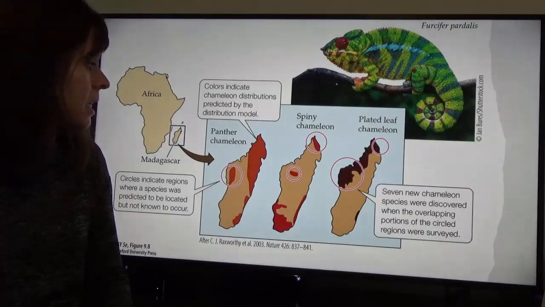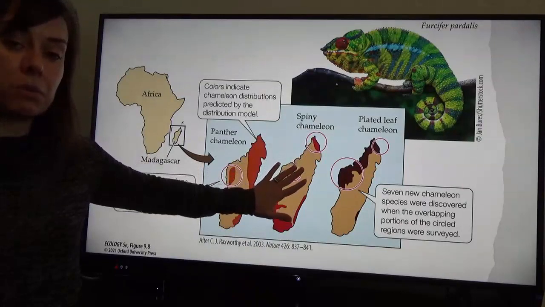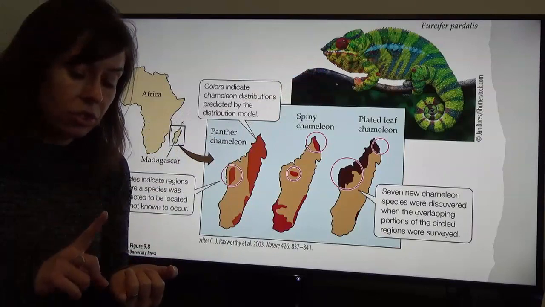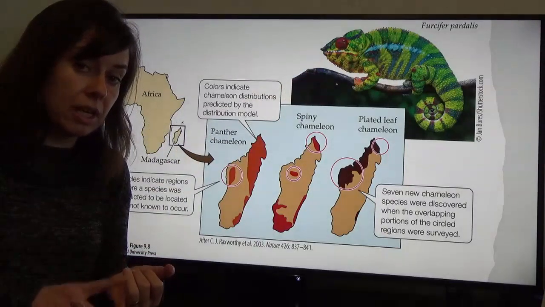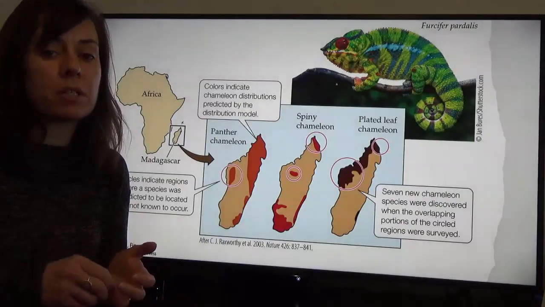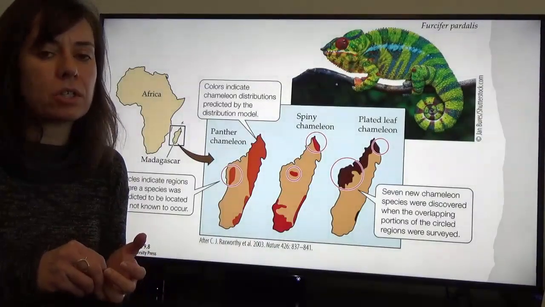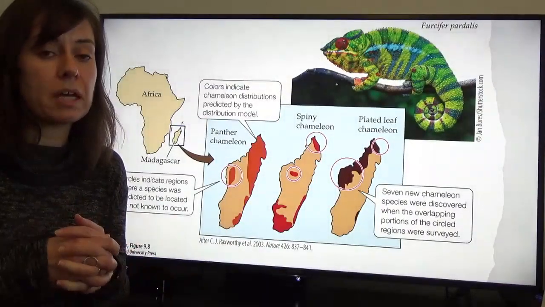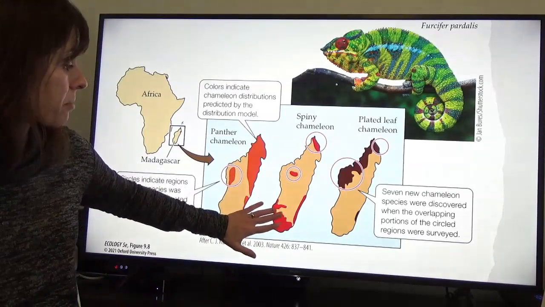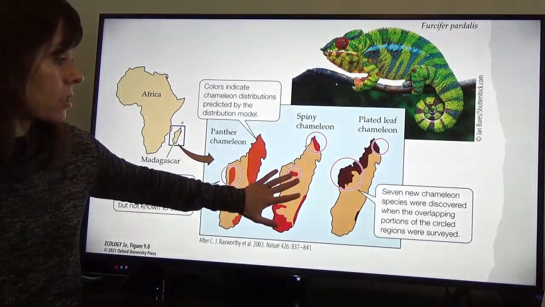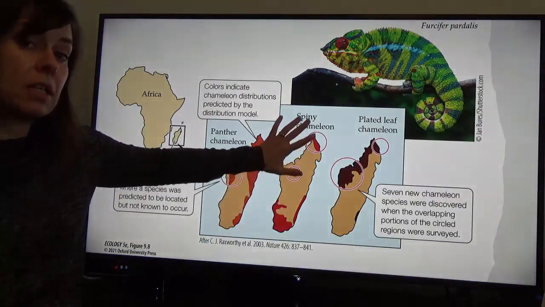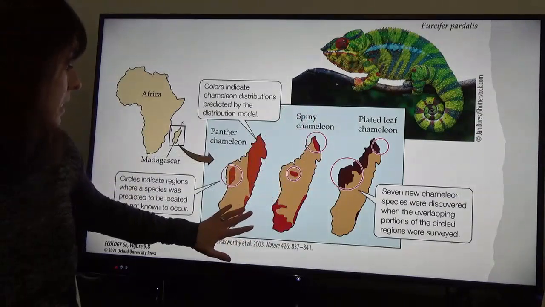What they did was exactly what we just talked about. For all the species they were interested in, they knew their current occurrence or abundance, and they knew the environmental conditions that those locations were characterized by. By doing that, they were able to use species distribution modeling techniques to map the anticipated distribution of each of these species.